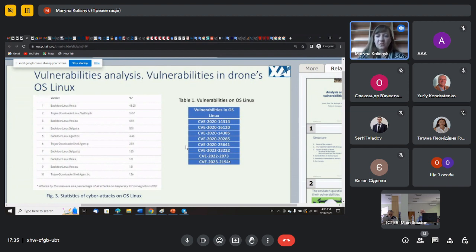So we tried to find those with larger influence, vulnerabilities and cyber attacks which can provide DDoS and denial of service, so unfunctioning of this system.